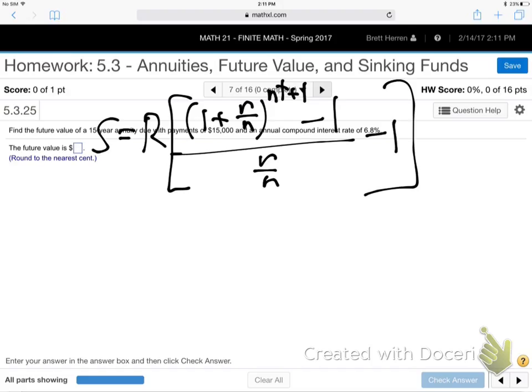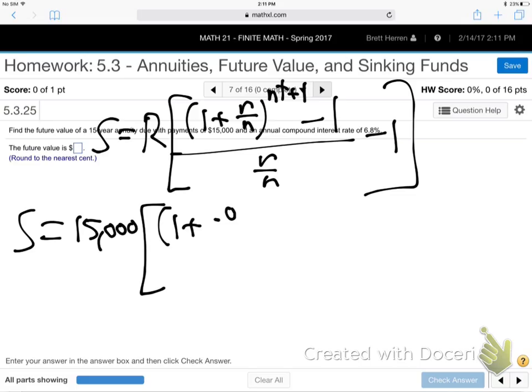So let's type it in. Payments are 15,000, so that's the R. The interest rate is 6.8, so that's 0.068 over N. How many payments? Oh, annual. Annual compound interest. So what's N? Just 1. How many years? 15 years.